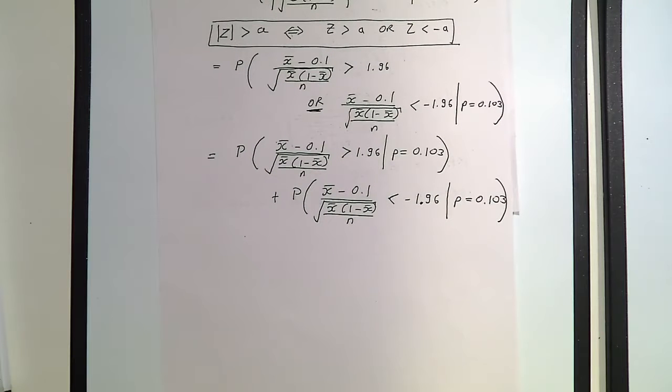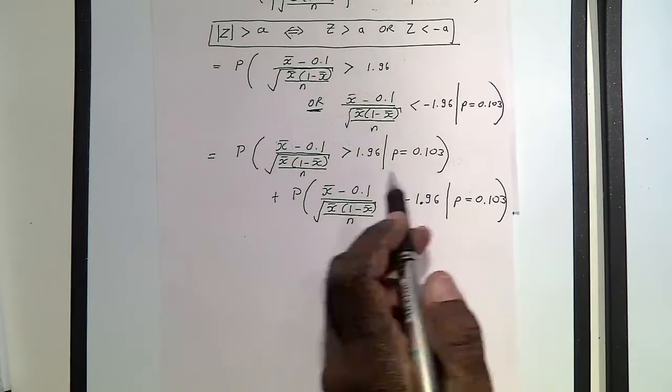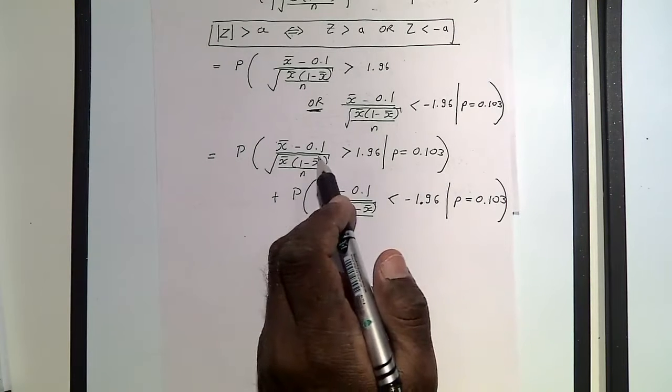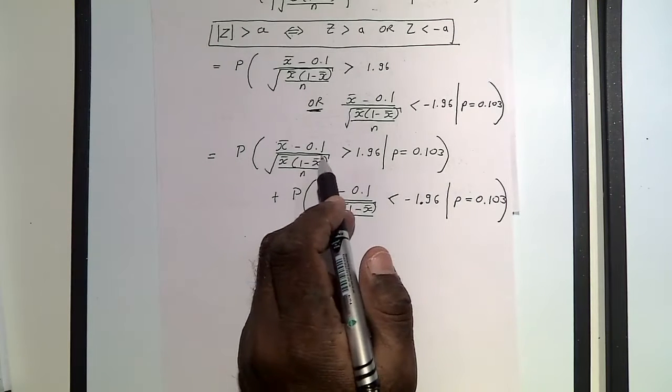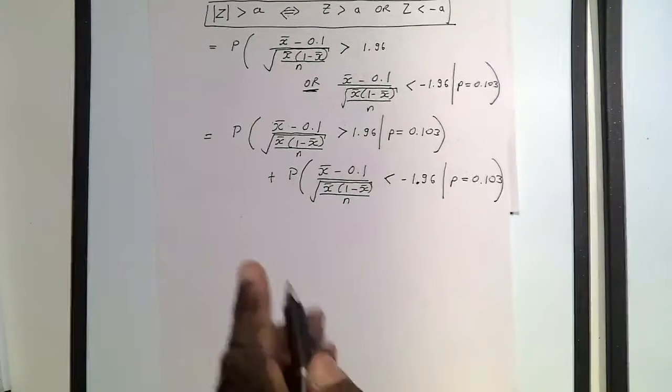Okay guys, now the next thing I'm going to do is, because the true proportion is now 0.103 and not 0.1, I'm going to change 0.1 to 0.103, right? So I'll do that as follows.